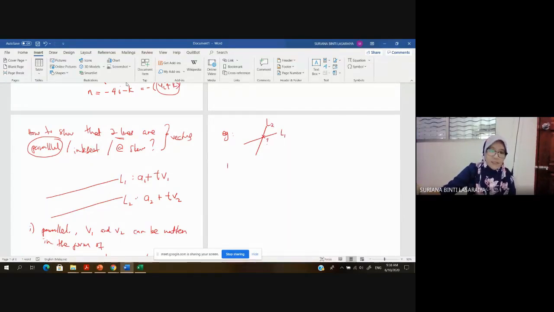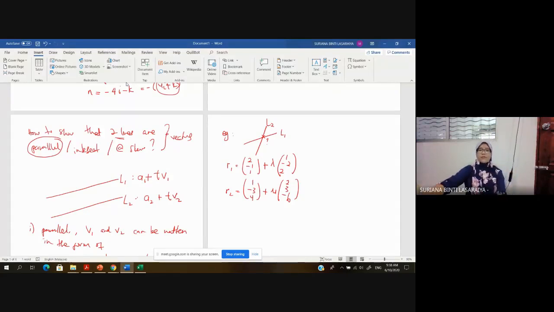Katalah r1 equals to (2, -1, 1) plus lambda (1, -2, 2). Okay. r2 equals to (1, -3, 4) plus mu (2, 3, -6). Okay. r1 ini adalah the form of a plus tV1, a2 plus tV2. Inilah bentuk ni ya. General formula of vector equation. So how to show these two lines will intersect ataupun tidak?